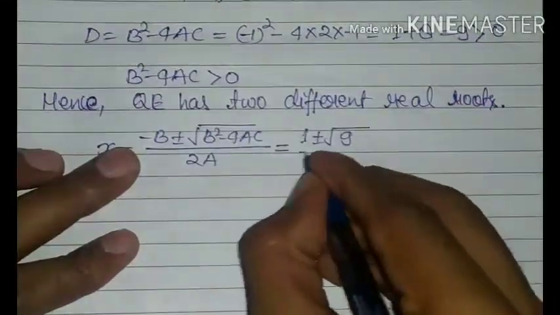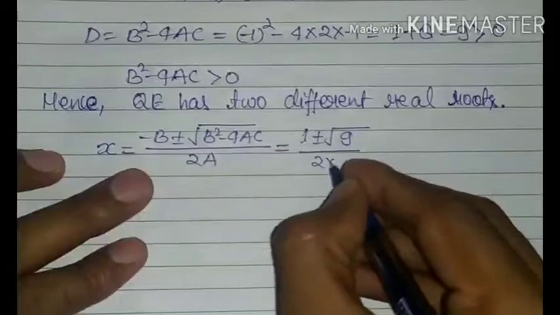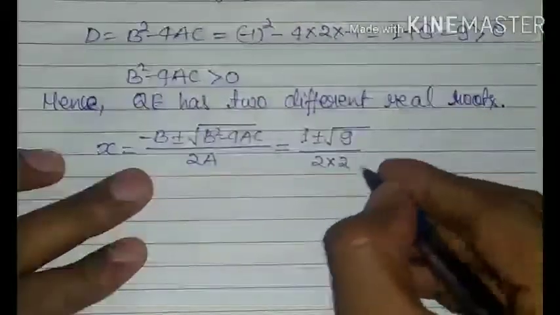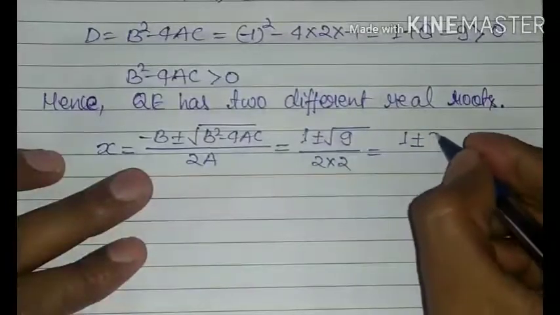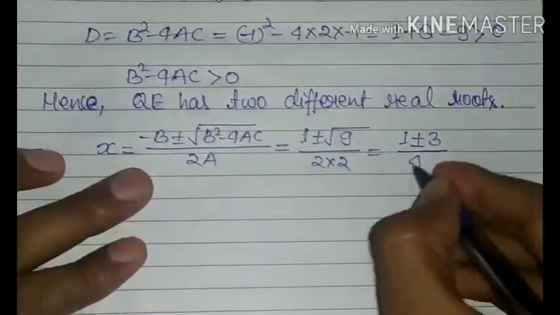Then here I am going to write 9, and 2 times the value of a, which is 2, will be 4, so it will be (1 ± √9) / 4, which is (1 ± 3) / 4.